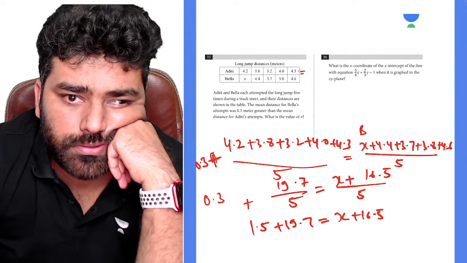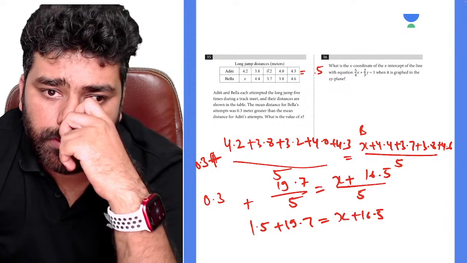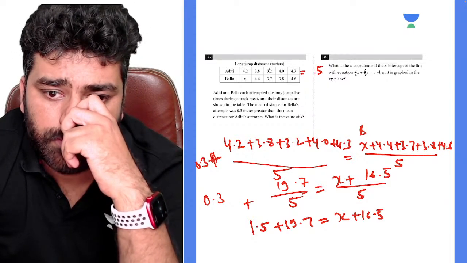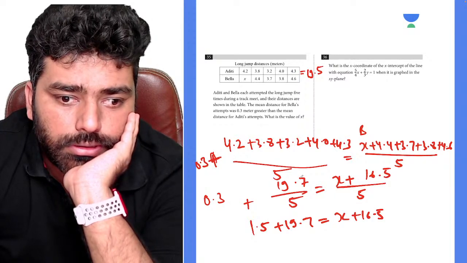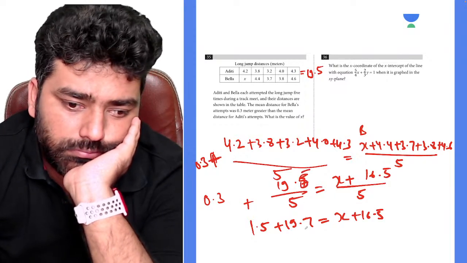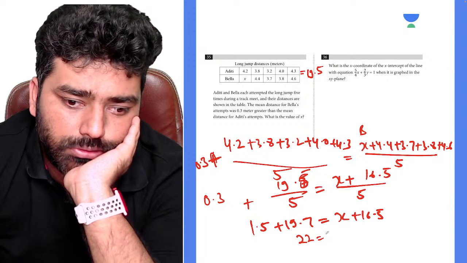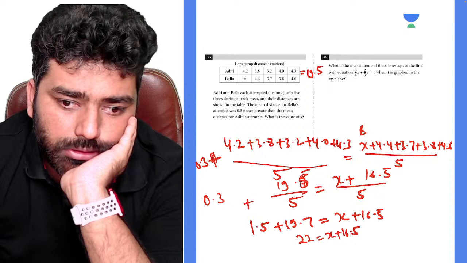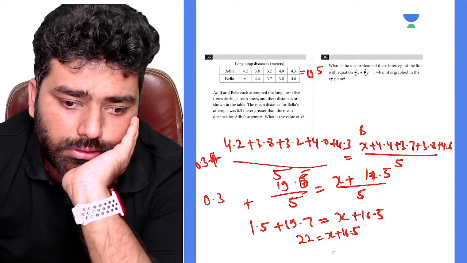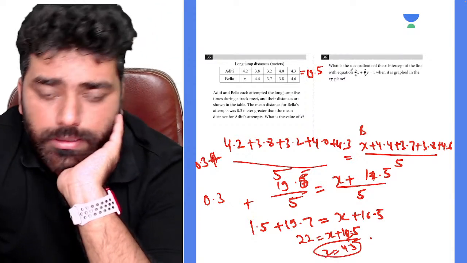I got 19.7. This one I'm getting 22 is equal to x plus 16.5. I think I'm getting 17 from here, and then I'll get 4.5, something like that. Yeah, that would be the answer.